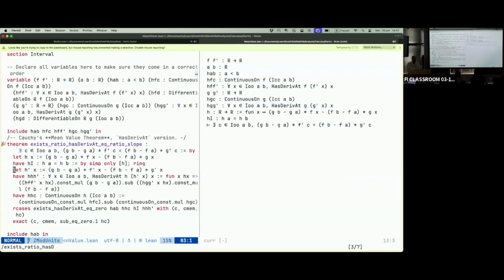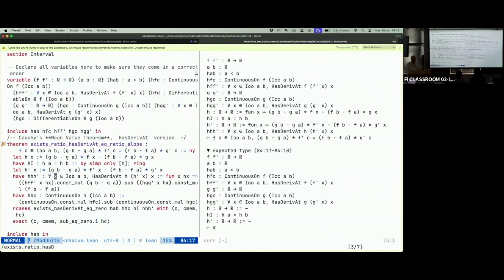Okay. Now there is a computation, yet another definition, so that the derivative h prime is not the derivative of h. It's just a notation h prime. And then there is a theorem, hhh prime, which says that for every x inside Ioo, which is the interval from a to b, open on both sides. So there is Ioo, Ioc, Ico, and Icc.